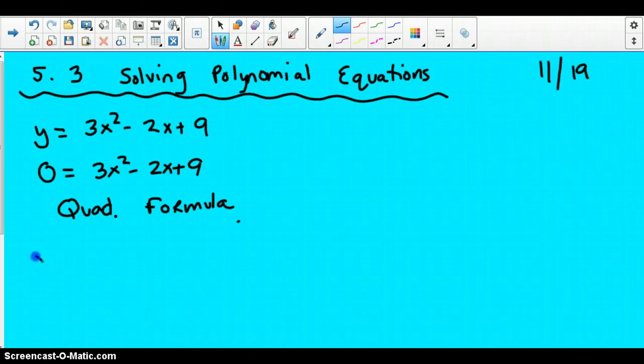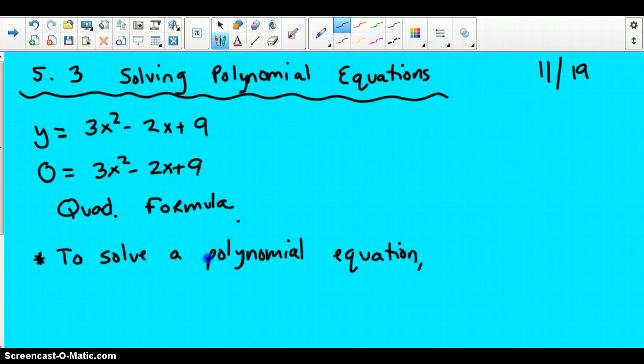Okay, so to solve a polynomial equation, set it equal to 0.